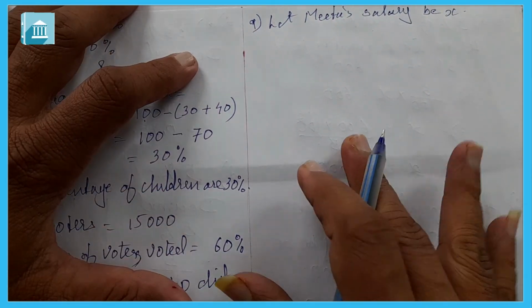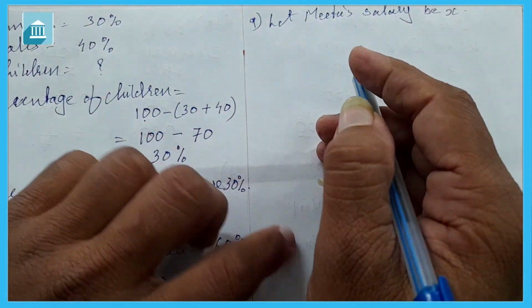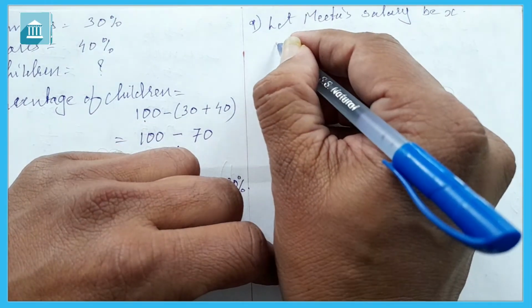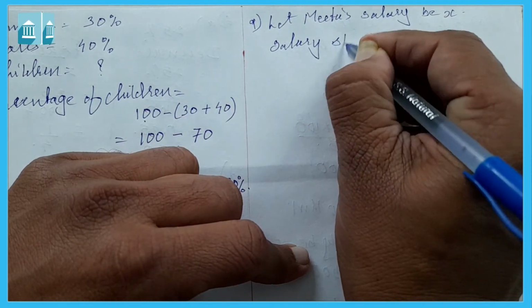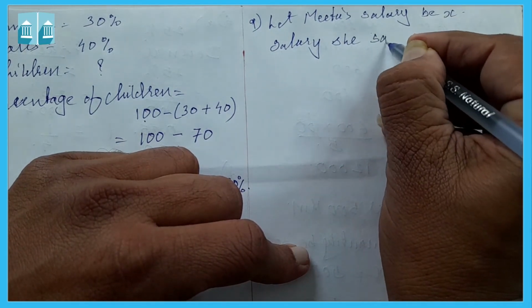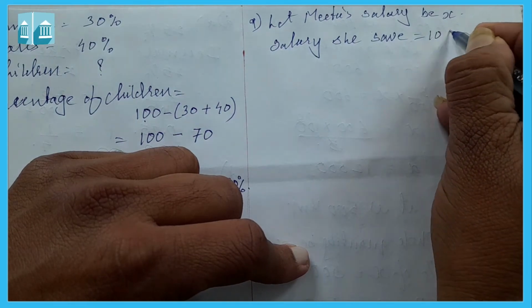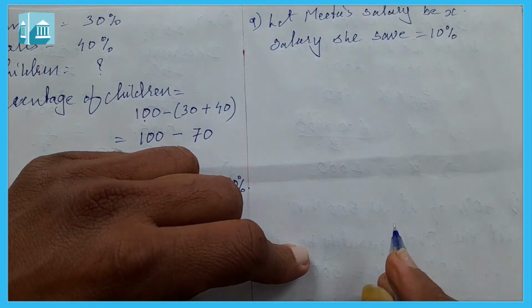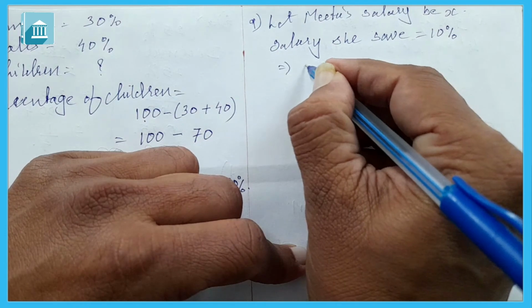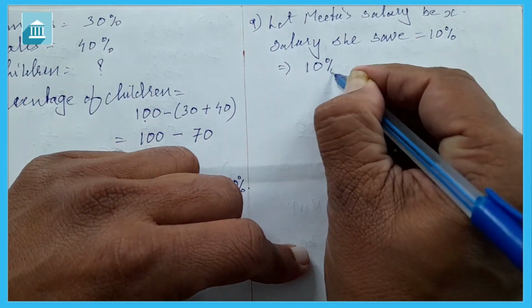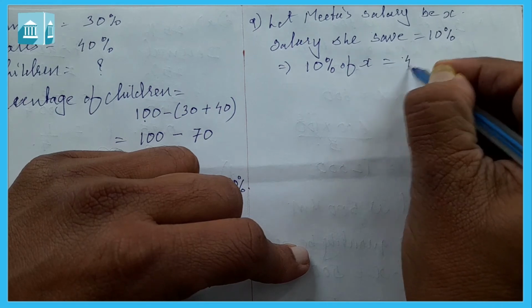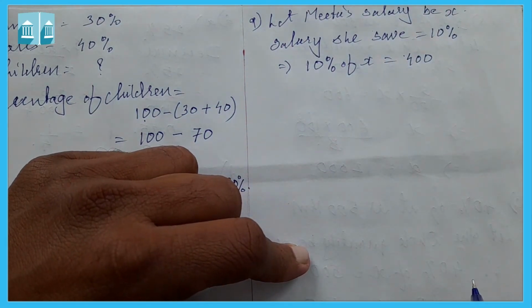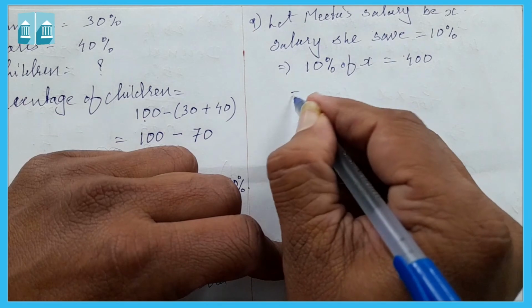Now she saves, it is given 10%, that is 10% of x. So we imply that 10% of x is equal to 400. Here it is given that she saves 400, so 10% of x is equal to 400.